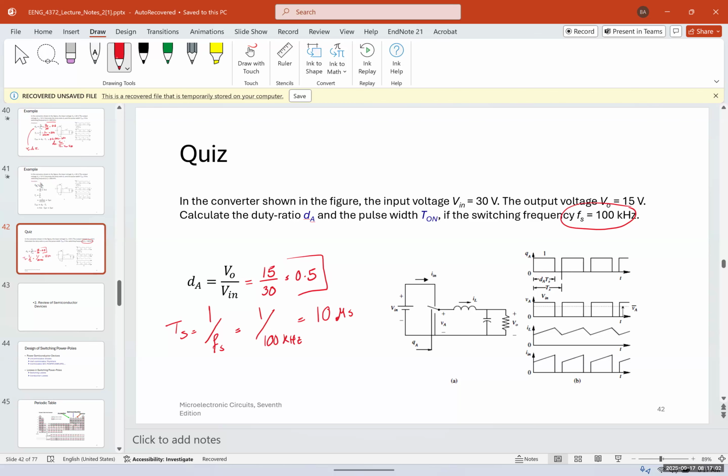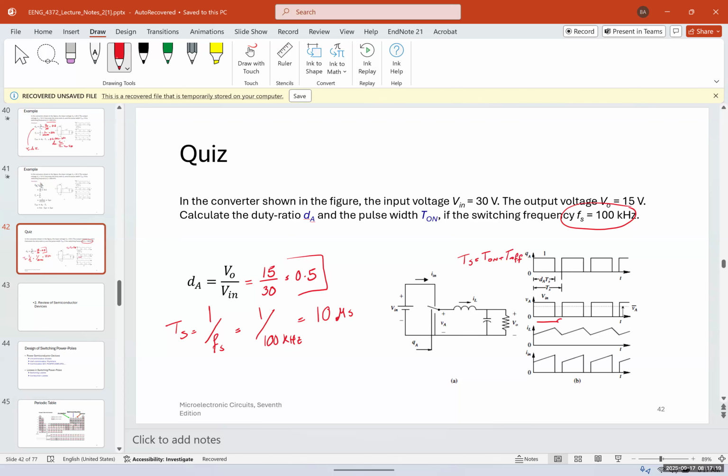Now, we already know that the total period, Ts, is equal to T on plus T off.